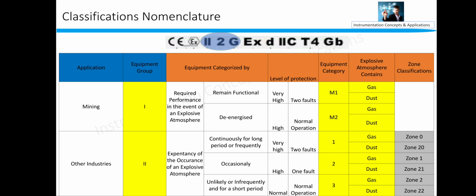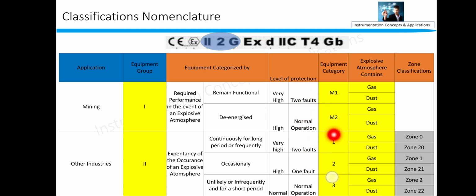First, on the right side, zone 0, zone 20, zone 1, zone 21, zone 2 and zone 22 are mentioned. Coming from right to left, to identify zone 0, the explosive gas must be present in the atmosphere. Equipment category will be 1, mentioned in the circle above.